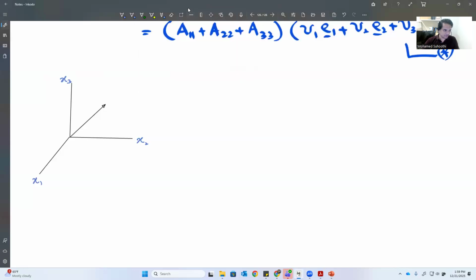Again, this vector you can make as decomposition along each coordinate axis.